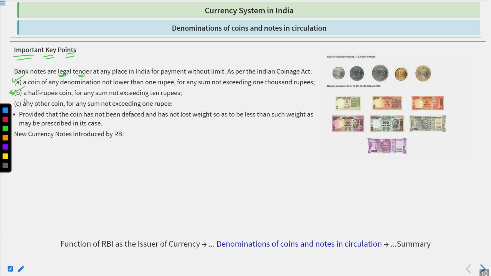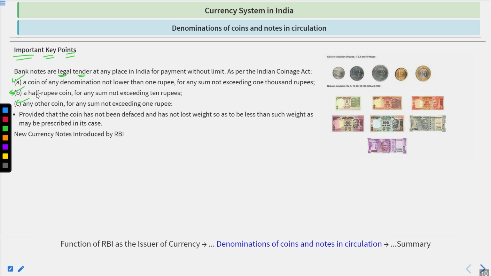Second, a half rupee coin. This is a denomination lower than the 1 rupee coin. You could use the half rupee coin for any payment, but it should not exceed 10 rupees. Third option, any other coin for any sum not exceeding 1 rupee.